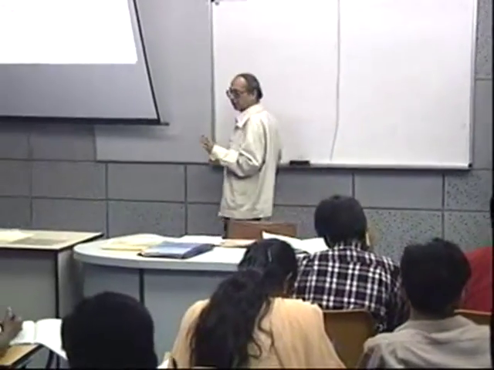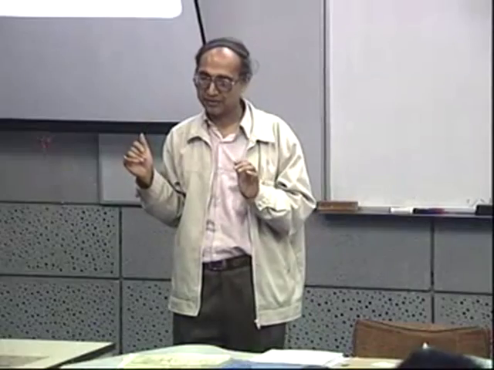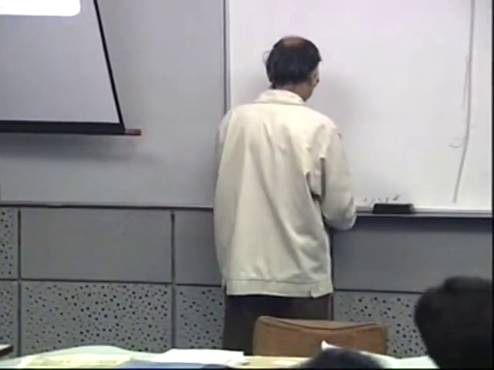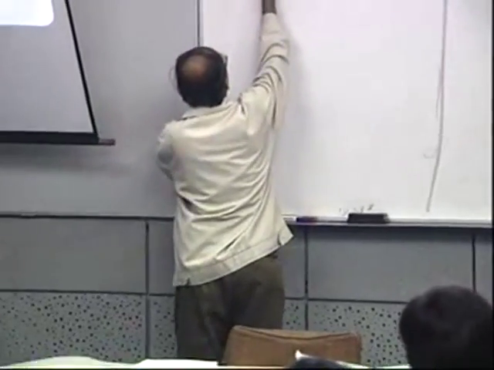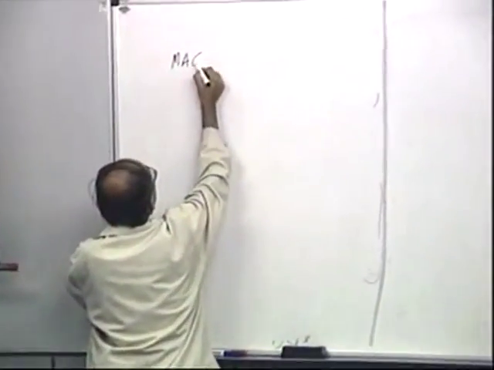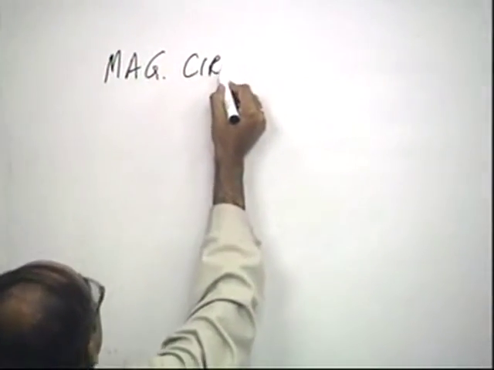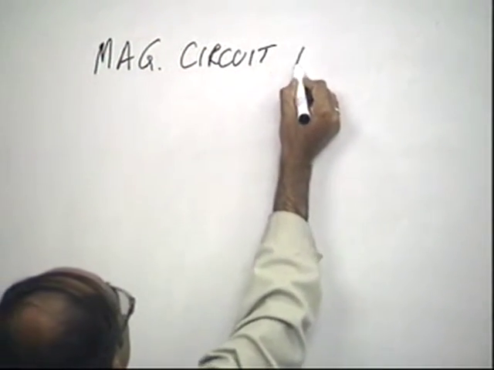Now let us take our argument a little further and see what happens if this variation is linear. We have taken some non-linear variation. Now let us say the magnetic circuit is linear, with no saturation.